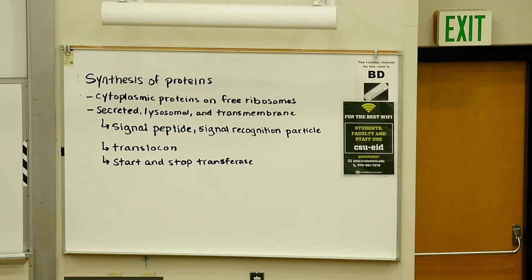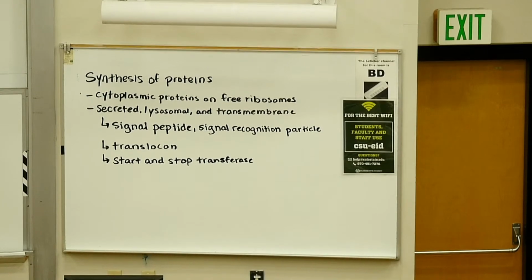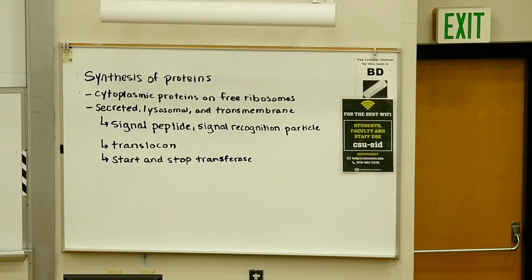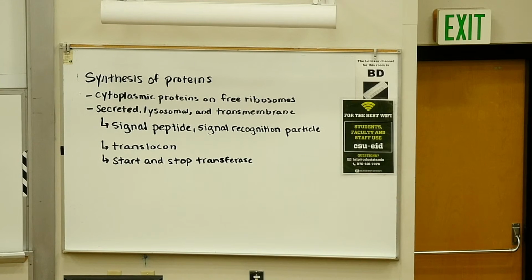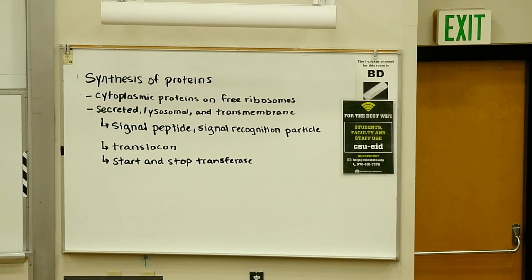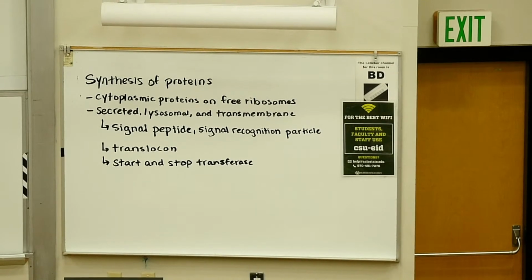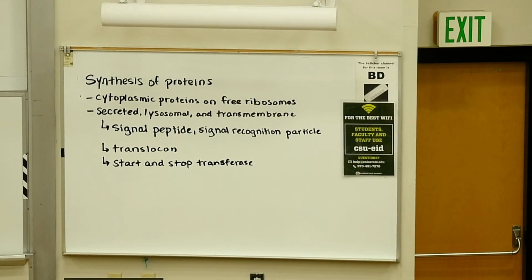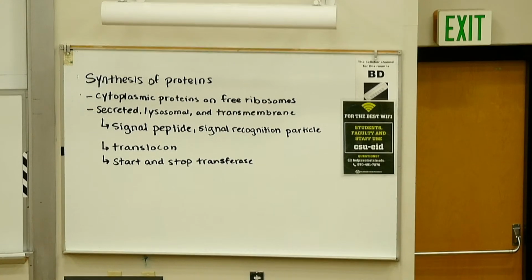Okay, but starting with our mRNA, we know that mRNA is that blueprint. It was made from DNA. This is going to code for the amino acids in your protein. So we have a strand of mRNA.